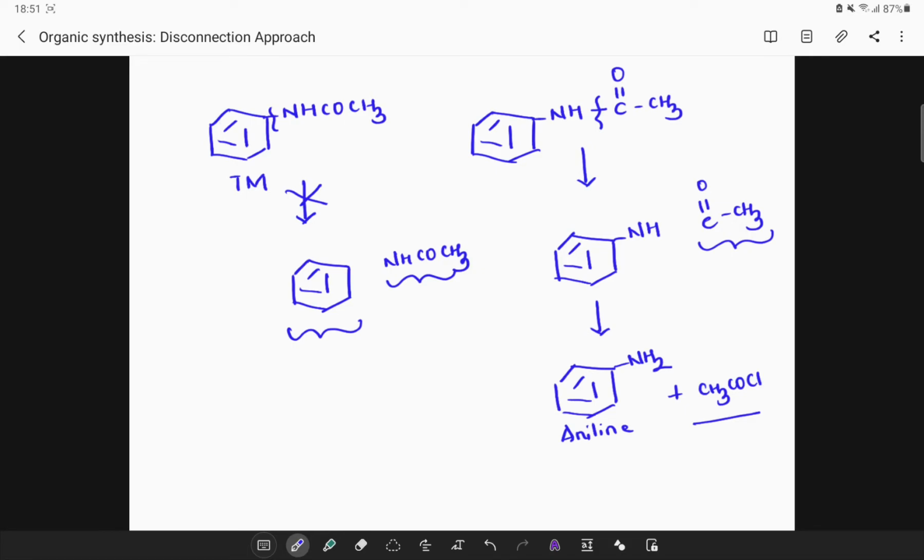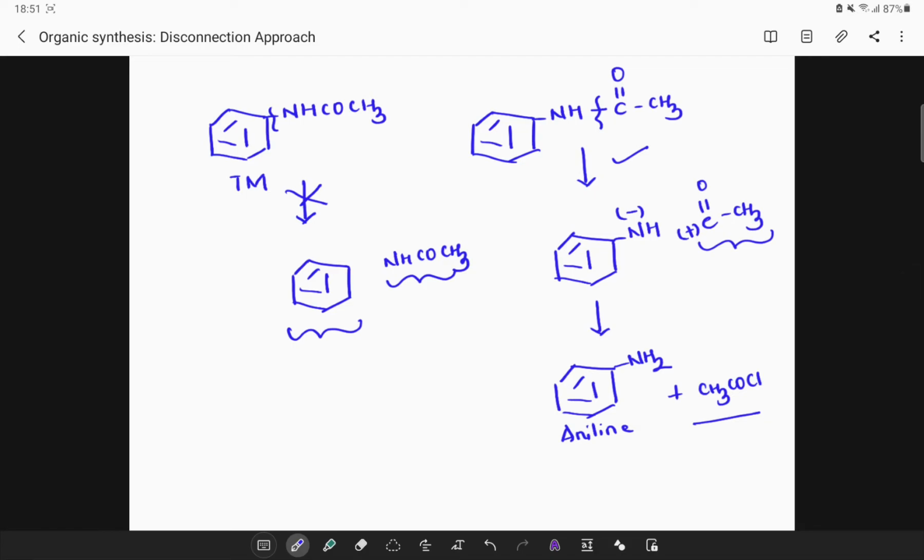That is, I can get an NH with a negatively charged system, and onto the carbonyl carbon I can introduce CH3COCl, so that the carbonyl carbon carries the positive charge. In this way, the second route becomes a more feasible way to synthesize my target molecule.